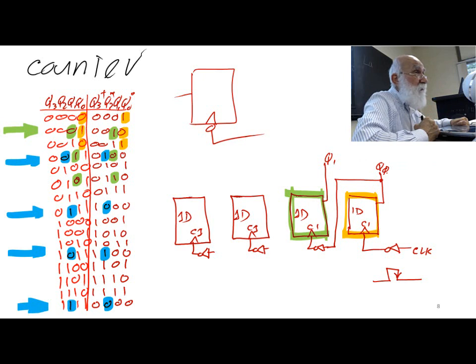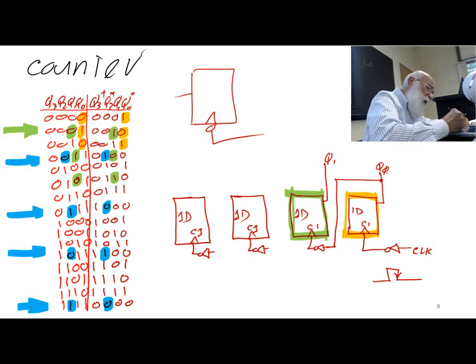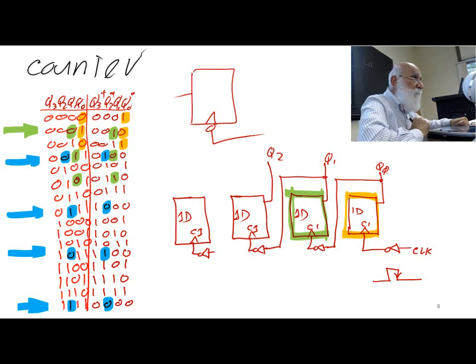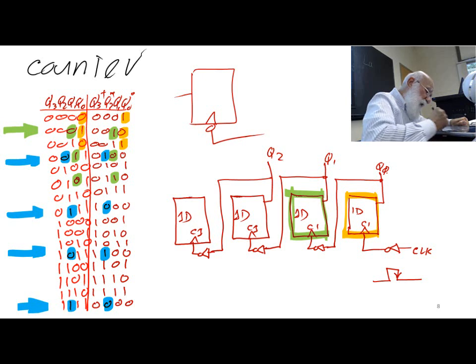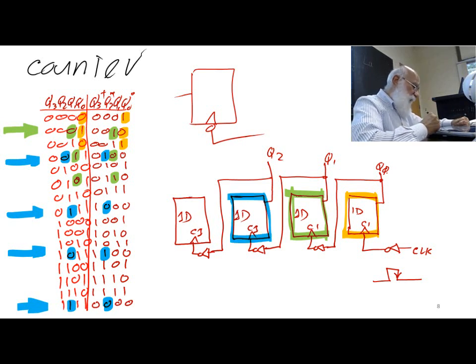The third flip-flop toggles when the flip-flop to its right changes from 1 to 0, and therefore I'm going to take this, bring it here, put it here, and this becomes my Q2. Same thing with this, and this is my flip-flop 2.